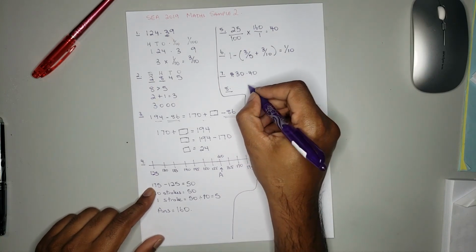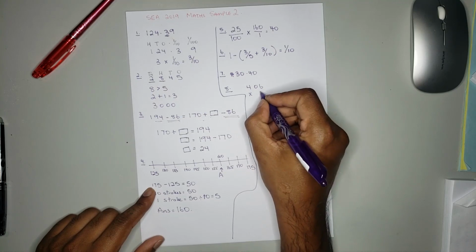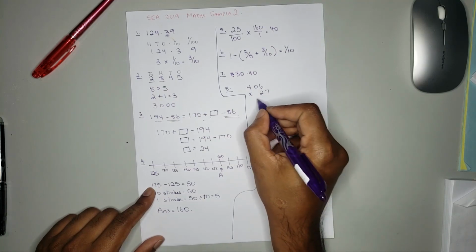Number 8, we have multiplication, 3 digits by 2 digits. So 406 multiplied by 27.